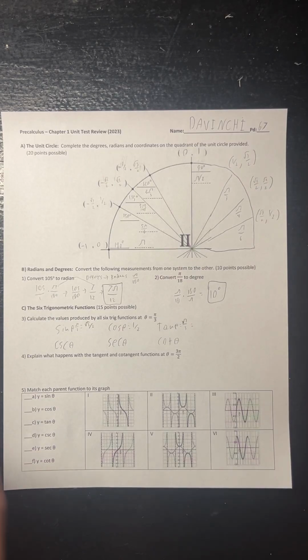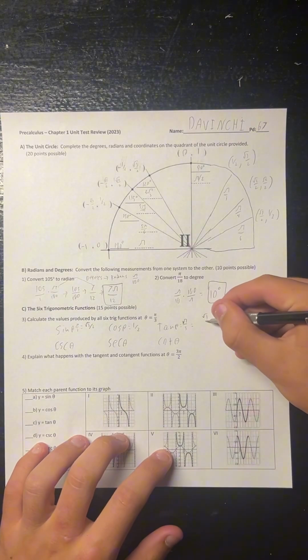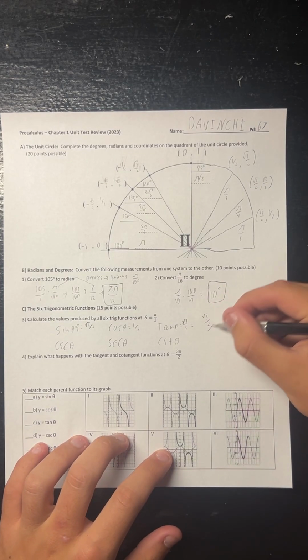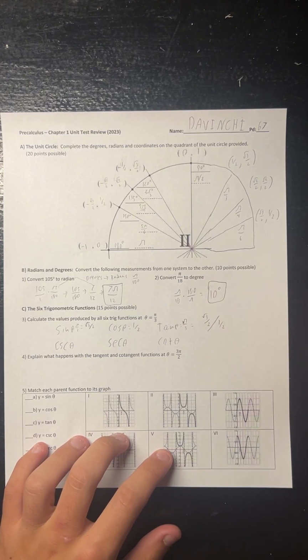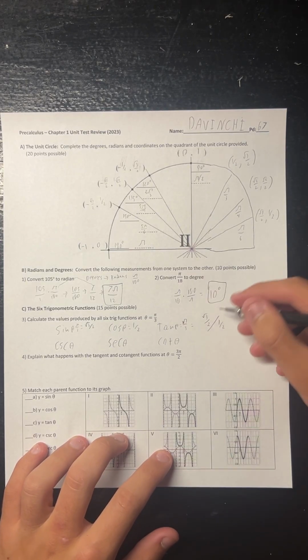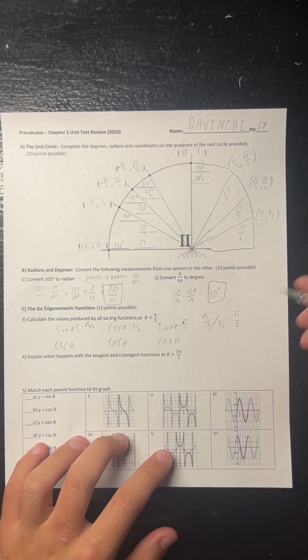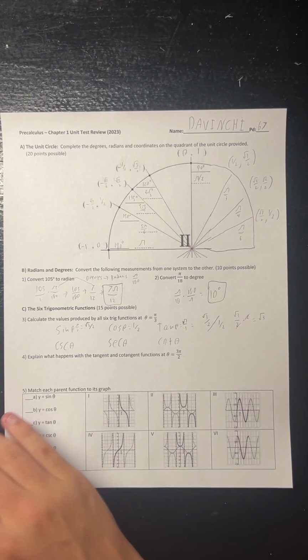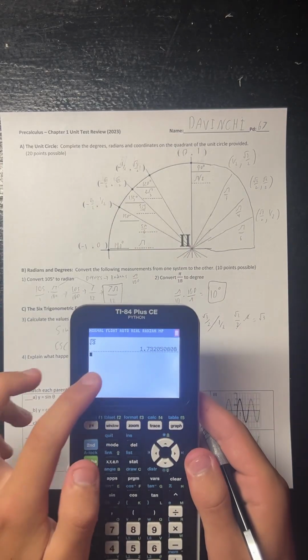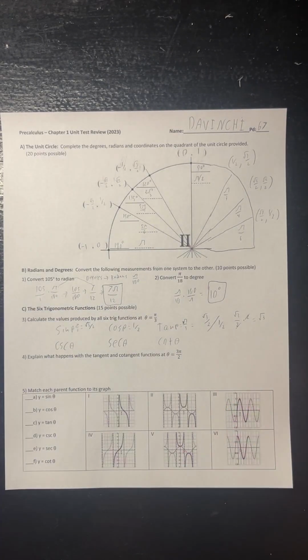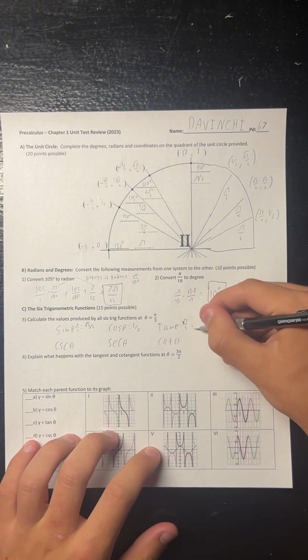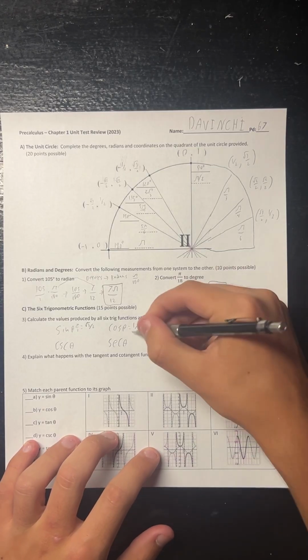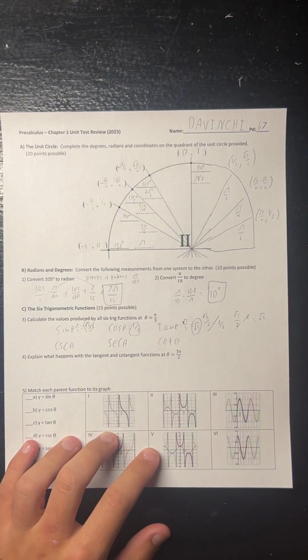So it's root 3 over 2 divided by 1/2. Dividing by 1/2 is the same thing as multiplying by 2. So root 3 over 2 times 2. The 2's cancel out, so it comes out to root 3. Root 3 is about 1.7, but if we want it exactly, it equals root 3. That's how to find those 3 trig functions.